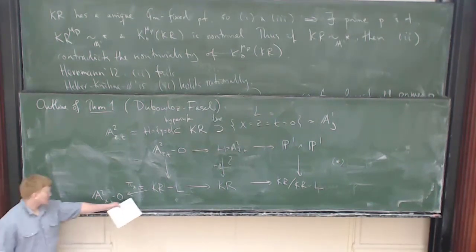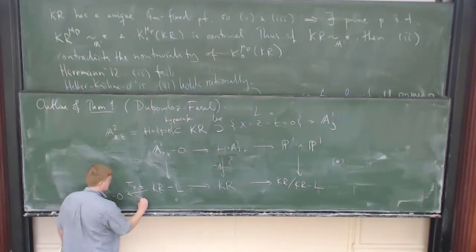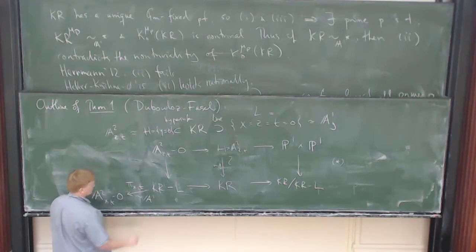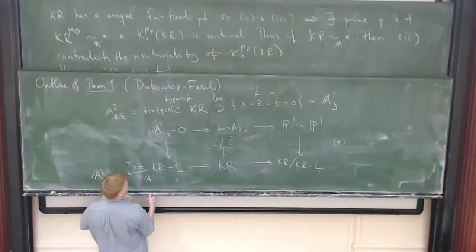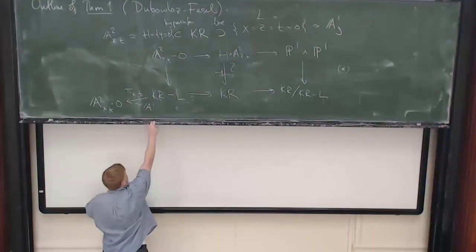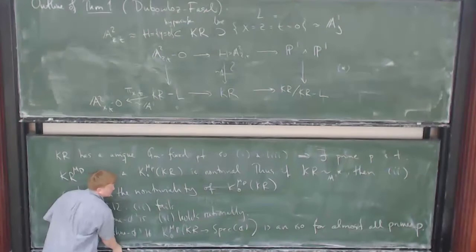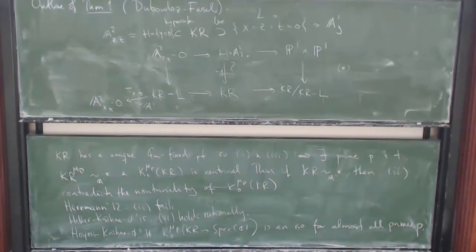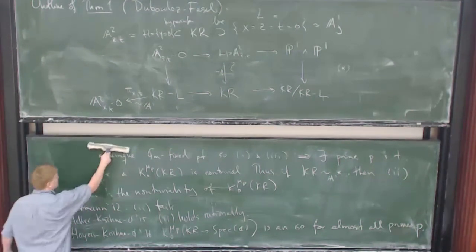This is really a very delicate point in the paper of Dubouloz and Fasel. Okay, so we're in the situation where the sources and the targets of the maps on the left and the right-hand sides can really be identified.